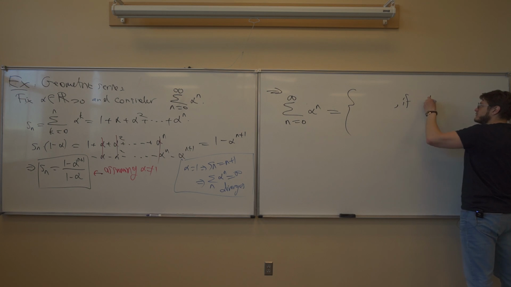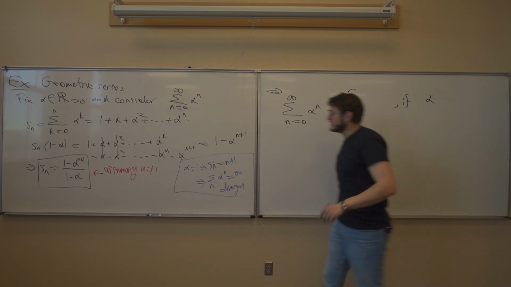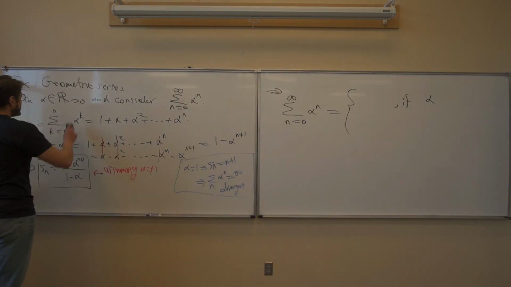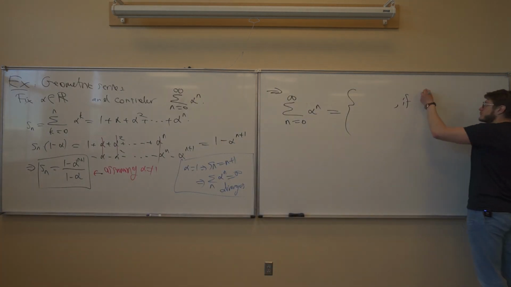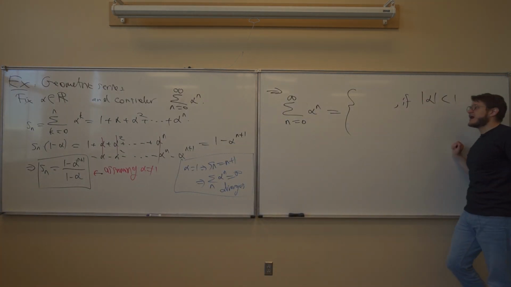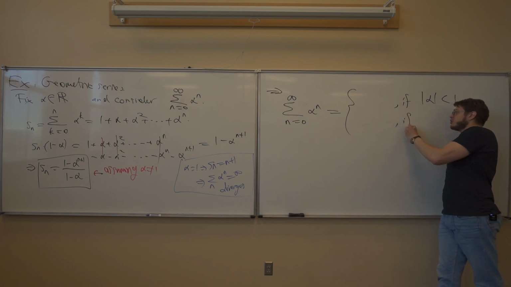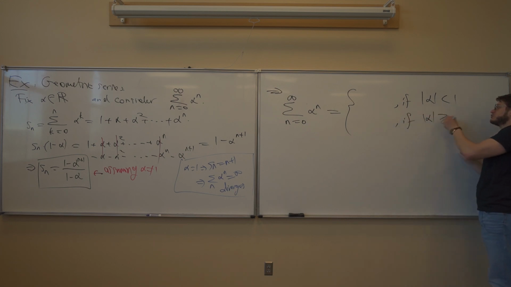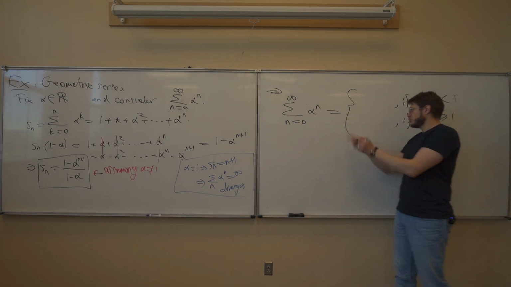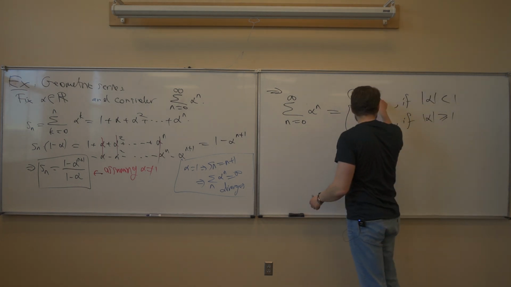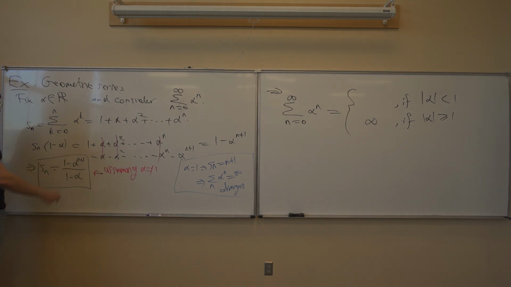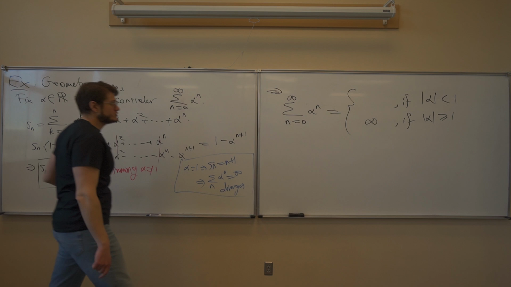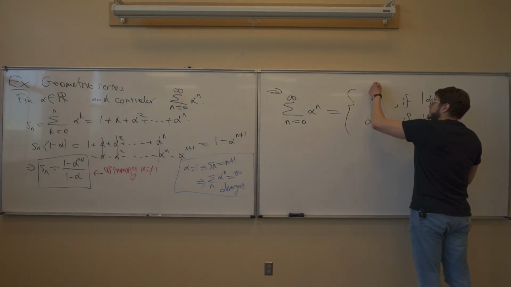In fact, I can take alpha to be a negative number too if I wanted. So let me just do that. There are two cases. Either alpha is less than 1 in absolute value, or it's greater than or equal to 1. In the latter case, this blows up. In the first case, because alpha in absolute value is less than 1, its powers are going to decay to 0, which means that it's going to converge. This series is going to converge to 1 divided by 1 minus alpha.